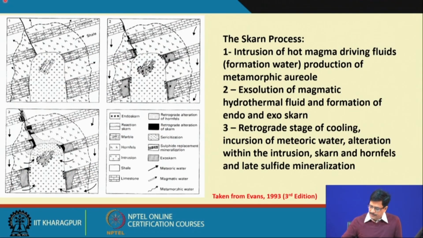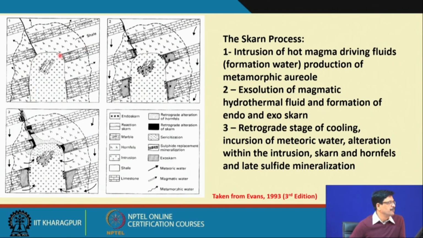Let us first have a look at the popular model for the formation of the skarn deposits, or the skarn process. The skarn process could be visualized by looking at these three diagrams. The first one shows a particular domain in the crust which has been intruded by a felsic magma.